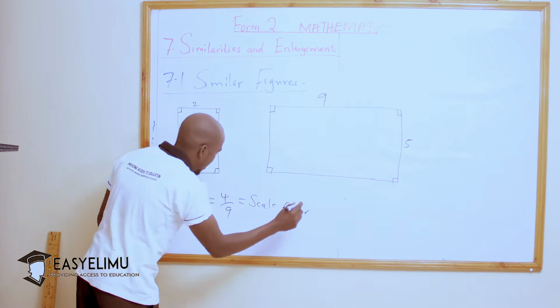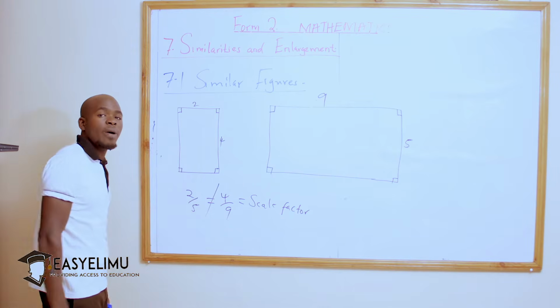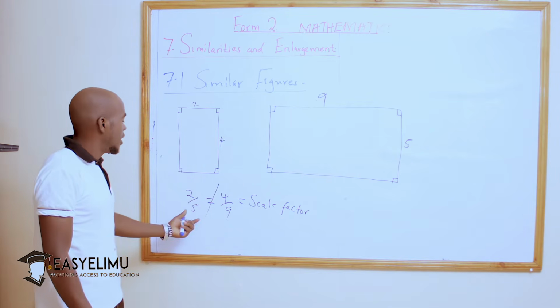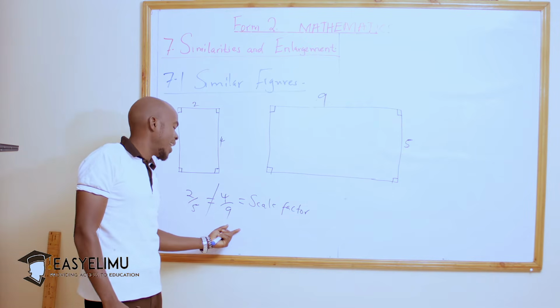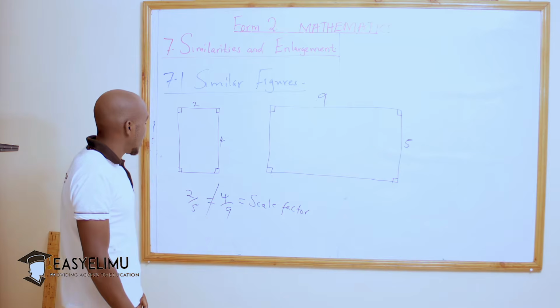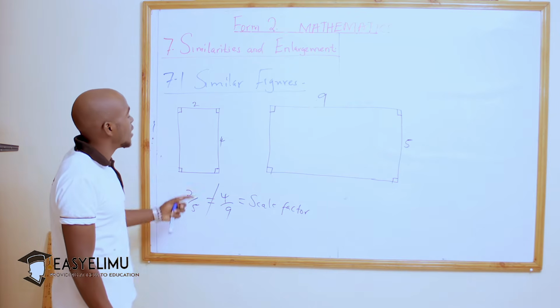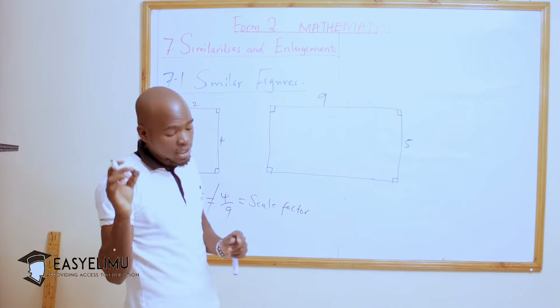But in this case, 2 over 5 is not equal to 4 over 9, meaning this does not give a constant scale factor. That simply means that the two figures are not similar to each other.